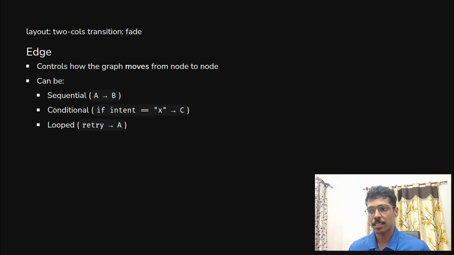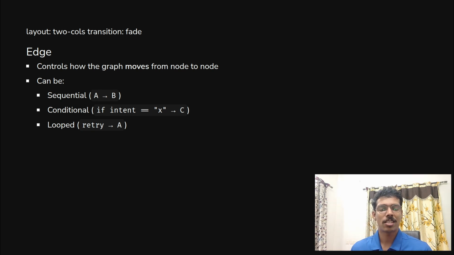Then we have edges. Edges control the flow of the graph from one node to another node. Edges can be of different types. It could be a straight linear edge or a conditional edge as well. These can be controlled using the add edge function or add conditional edge function in LangGraph, and this makes the graph either sequential, looped, or conditional.